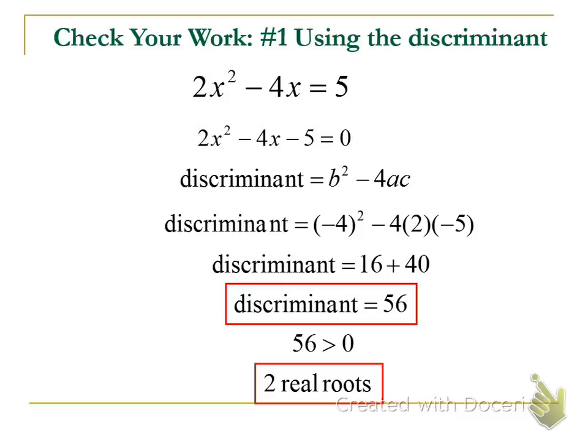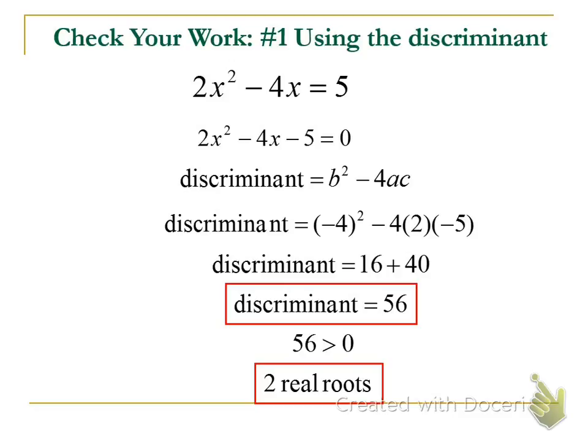All right, if you take a look here, for number 1, you should have determined that there were 2 real roots. So if you put that in standard form, you want to subtract the 5 from both sides, so you get 2x squared minus 4x minus 5 equals 0. So the a term is 2, the b term is negative 4, and the c term is negative 5.